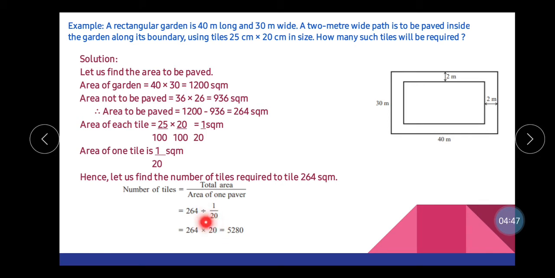Now this division is not possible directly, so we'll do multiplication, as division is related with multiplication. So 264 into the reciprocal of 1 upon 20, which is 20 upon 1, so we can write 20. So 264 into 20 we will get 5280. So 5280 tiles will be required over here.